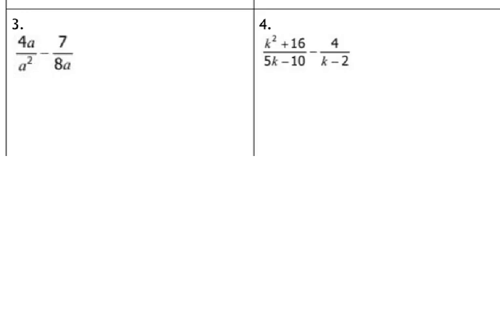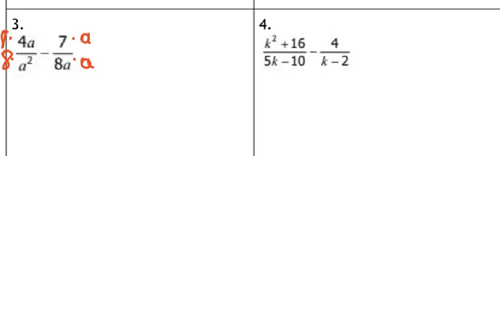So we're going to multiply the first fraction by 8 to create the common denominator. And if you look at the second fraction, the denominator has 8 times a, but doesn't have a squared. So we need an additional a to match with the first denominator. So we're going to multiply numerator and denominator by a.